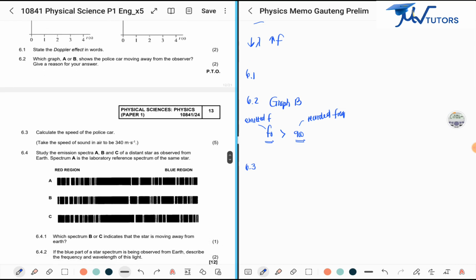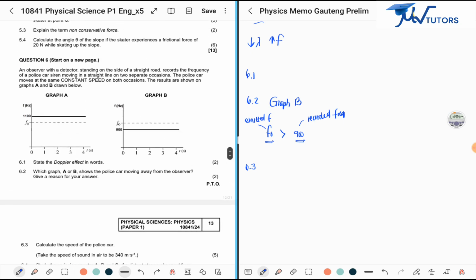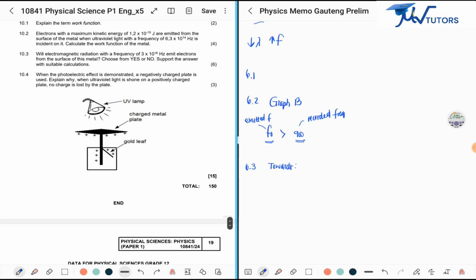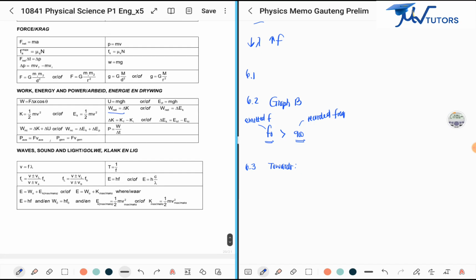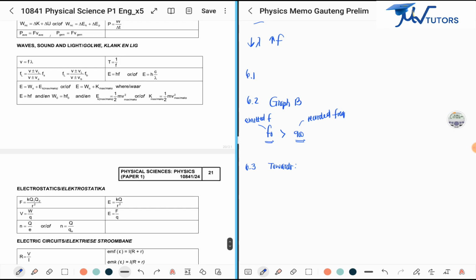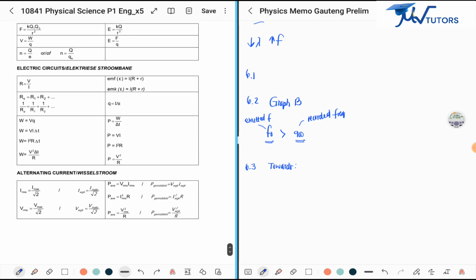Then 6.3, calculate the speed of the police car. Okay, so I'm going to look at the scenario of when it moves towards the listener. I'm going to have to check the formula sheet for the formula, because I do not know it in my mind.